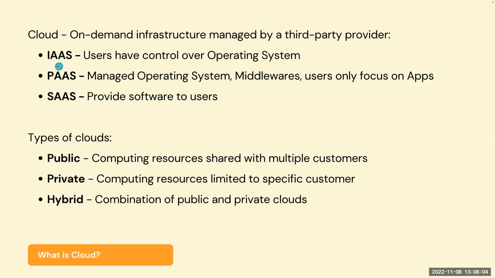You can upgrade, delete, add packages, and so forth. You have that level of control, but you don't have control of the hardware. With platform as a service, the operating system is taken care of, but you still manage your application and the libraries.